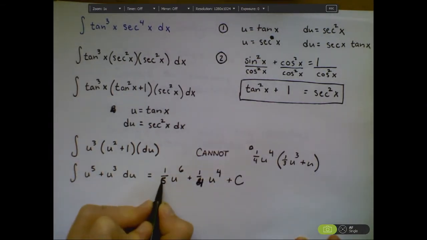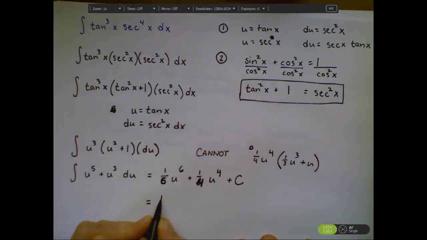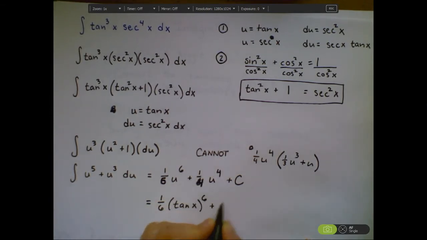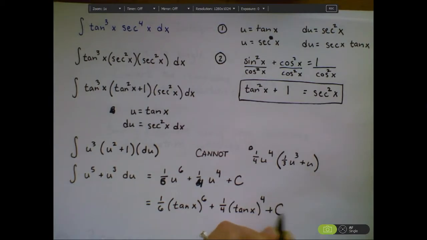Sorry, I'm being a little messy. And then I can plug in my original u, which is tangent of x, and I get 1/6 times tangent of x to the 6th plus 1/4 tangent of x to the 4th plus c.